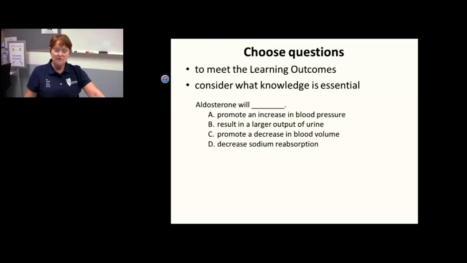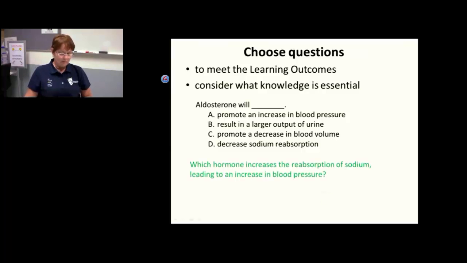So if I want to use this question as a very short answer question, I need to decide what is that essential knowledge. So the essential knowledge I consider is which hormone increases the reabsorption of sodium, and then I can give them some more information if I want to or need to, pointing out that this would also lead to an increase in blood pressure.